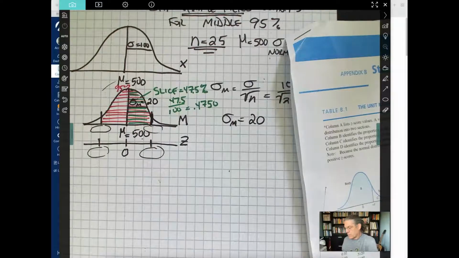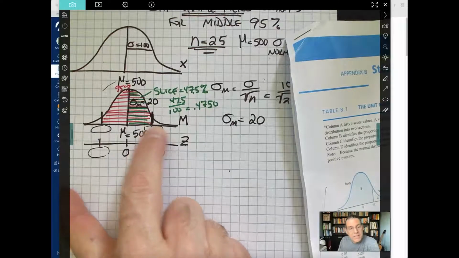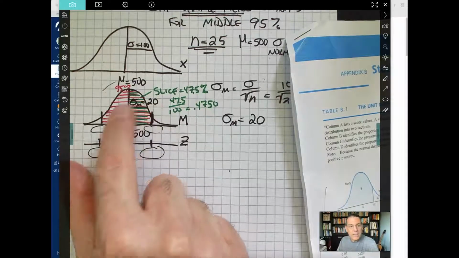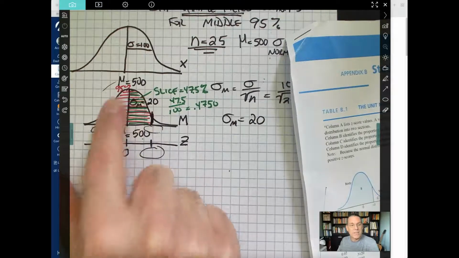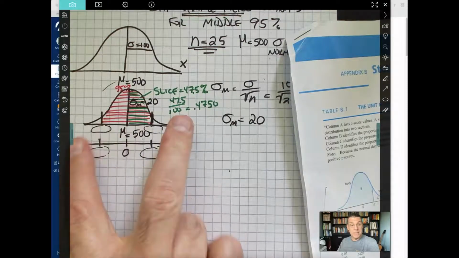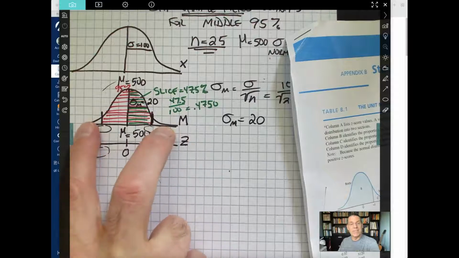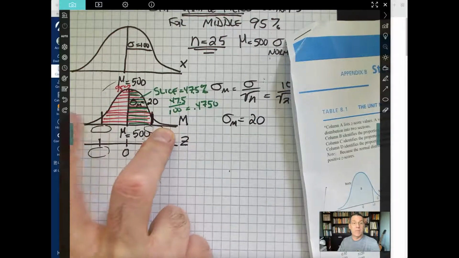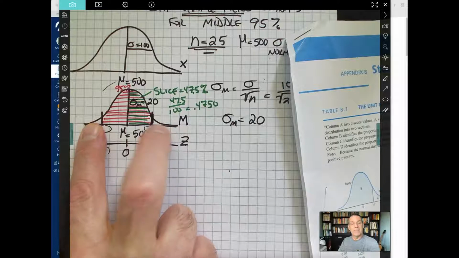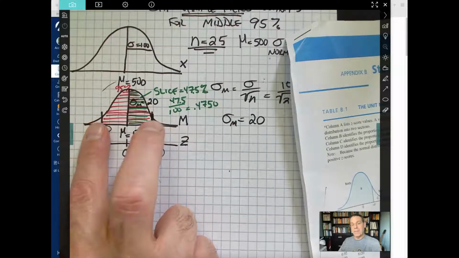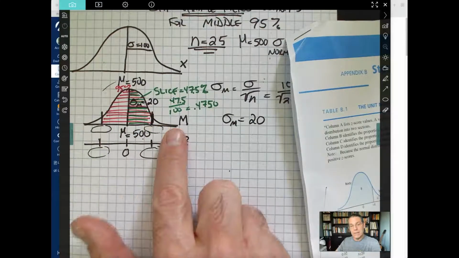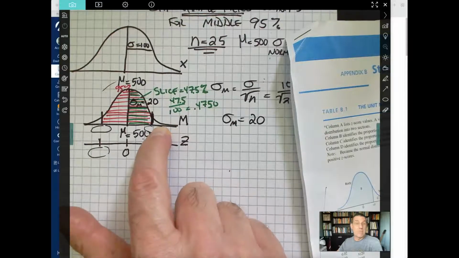Another way to do it, and this is what some people will see, is that they saw this little part as a tail, and so they can determine that this whole red part is 95%. What that means is there's 5% outside of that. And because it's symmetrical, half of it's down here and half of it's up here. They'd be able to figure out that this is a tail right here of 2.5%.